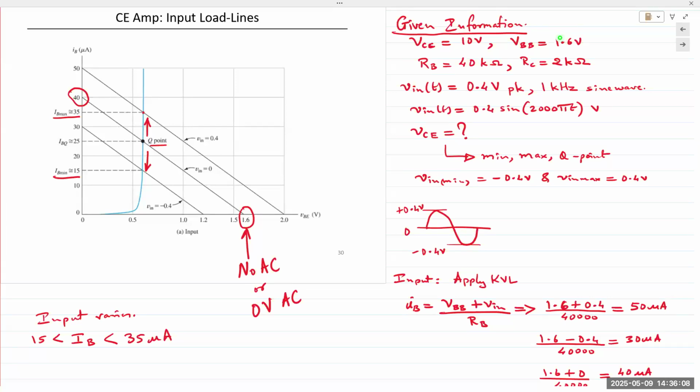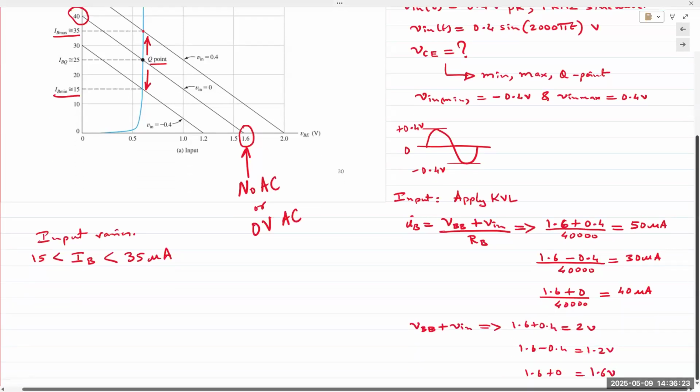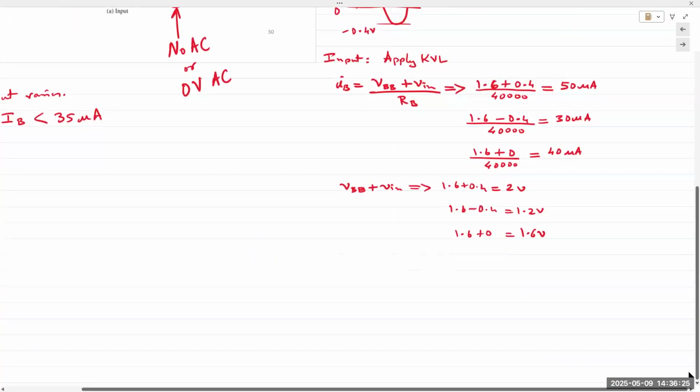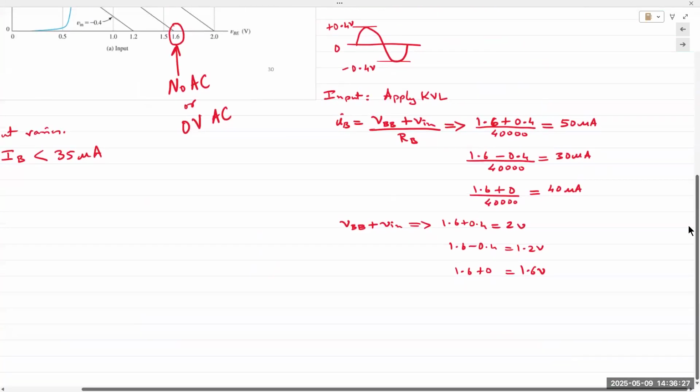Okay. Now, we know from the previous slide the equations both on the input and output side for IB, VBE, VCE, and IC.